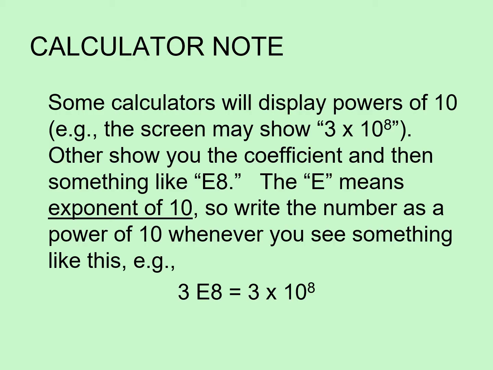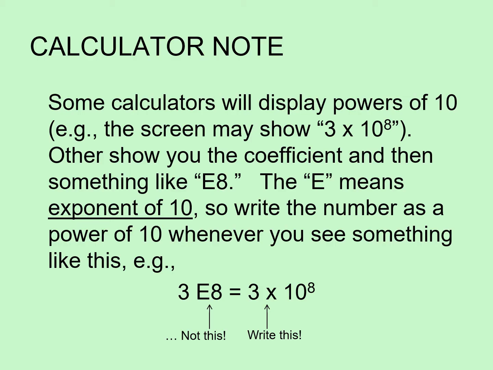The E means exponent of 10, so whenever you see 3E8, you actually write on your paper 3 times 10 to the 8th. Do not put E values as answers on worksheets or tests. You write it like the right side shows, 3 times 10 to the 8th. You do not write the 3E8 on paper.